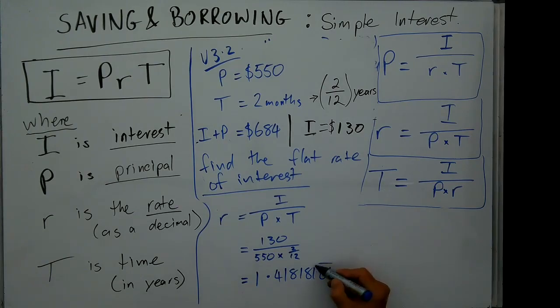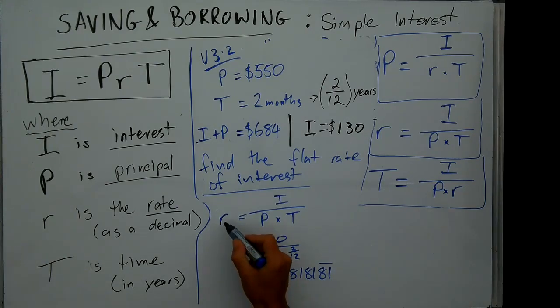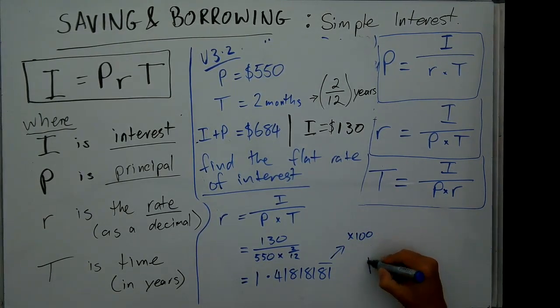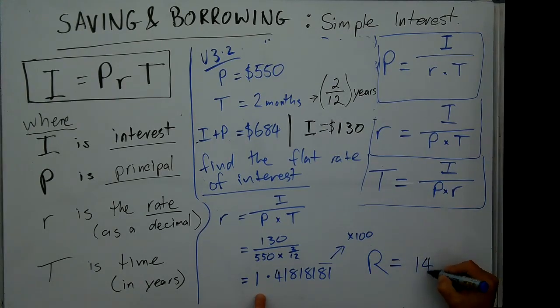Instead of a dot above, we put a little line. Doesn't really matter for now. So that's our rate as a decimal. And we want to multiply it by 100 to get our capital R, which is 141.82%. That's a huge amount of percent, which is why payday loans aren't that great.